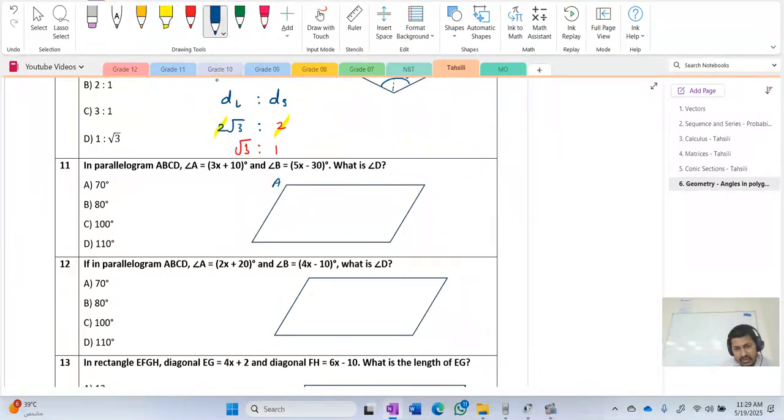First we need to add up 3x plus 10 and 5x minus 30, because in a parallelogram the co-interior angles add up to 180. So 3x plus 10 plus 5x minus 30 is equal to 180. So we get 8x is equal to 180, and with negative 20 on the side, you get 200.